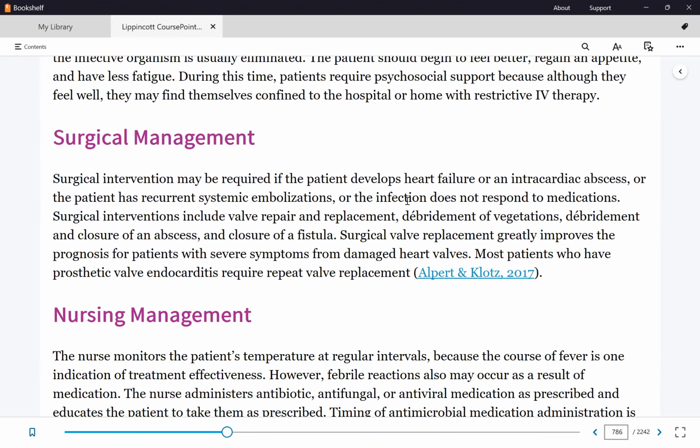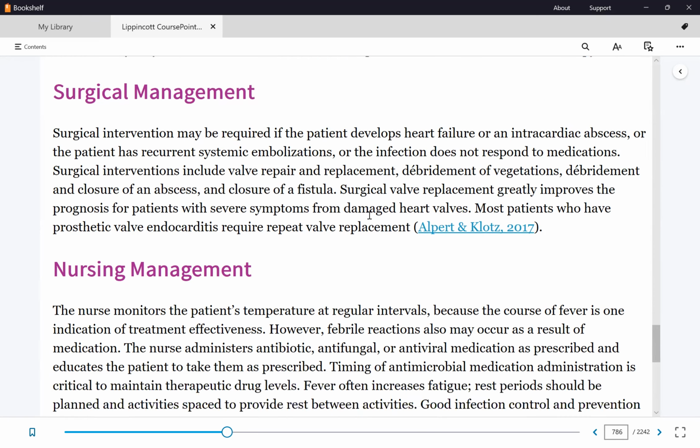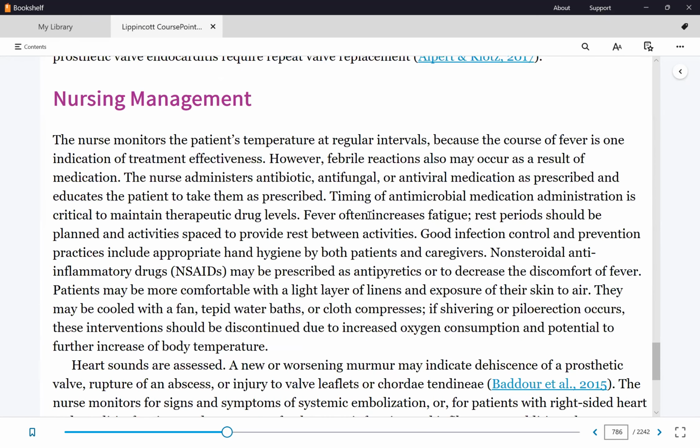Surgical management. This will be included because remember there's valve damage, correct? So if there's damage which can be repaired, we call that valvuloplasty, if it's repair. And if it's beyond repair, then we'll have to replace it. Management: the patient does have some pain, so antibiotics, or whichever is the organism, antifungal or antiviral.